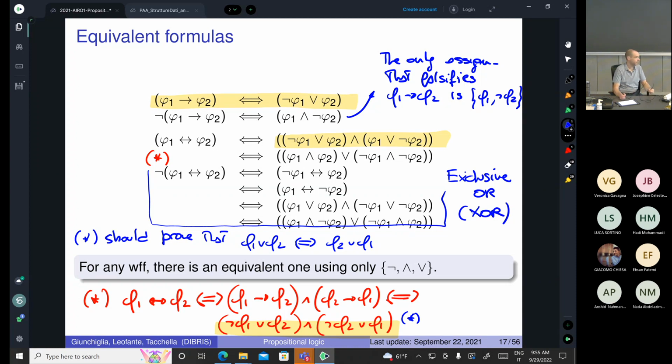Okay, and for any formula that we already mentioned, there is one equivalent using only negation, conjunction, and disjunction. Even more, you can use only negation and disjunction, and so on and so forth, through this logical equivalence thing. But this is the set we will be using when we work with the representation for computers.